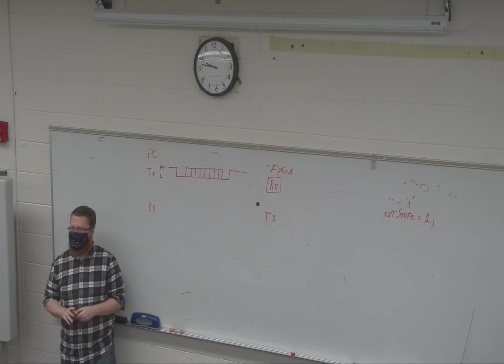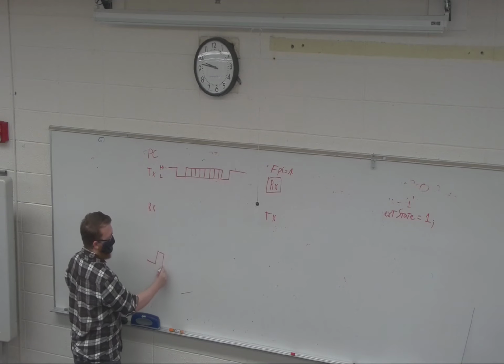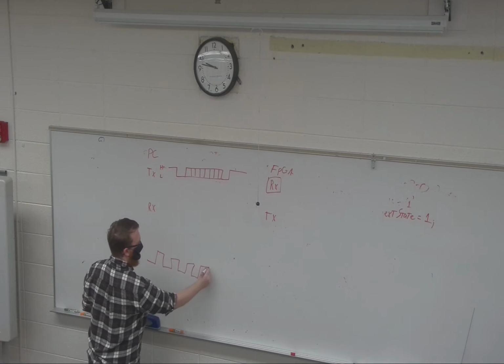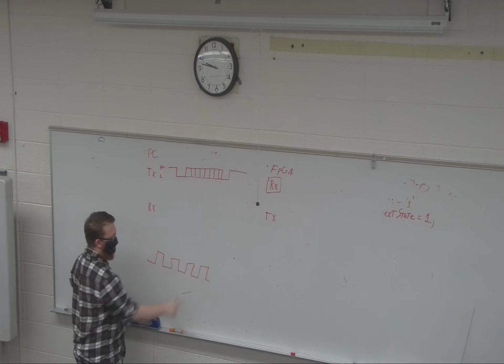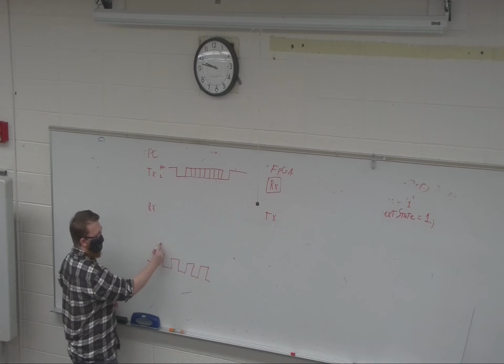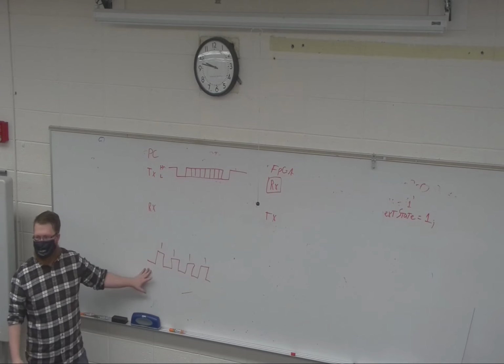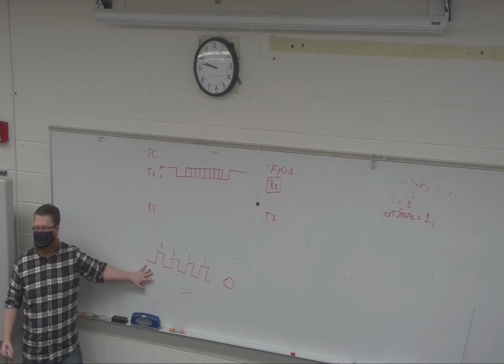Yeah. What do you mean by losing 2 ones? So if I had a signal that was supposed to be zero, 1, 0, 1, 0, 1, 0, 1, I would have 1, 2, 3, 4 ones. And therefore the parity bit would be 0 because I have an even number of ones.